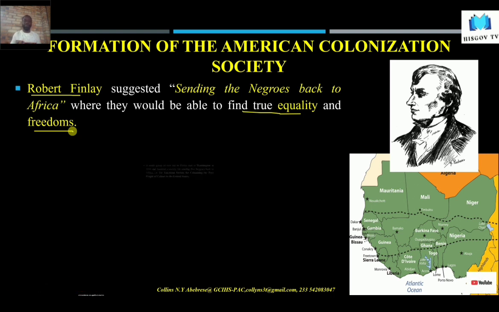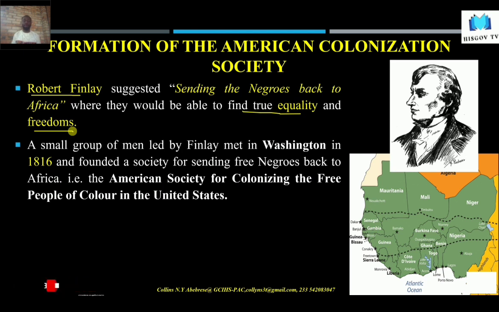But then Finley decided to champion the idea of returning these Negroes back to Africa. And so Finley and a group of small men met in Washington in 1816, and then they founded a society which was responsible for the sending of free Negroes back to Africa, right?